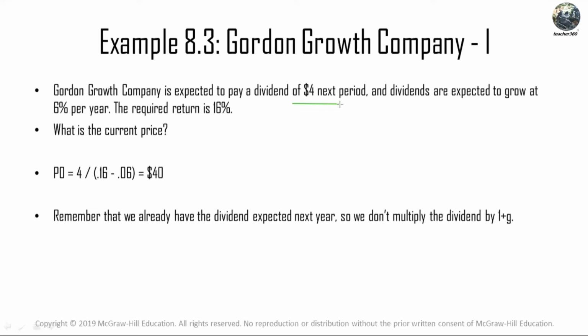So as in the previous example, we should not write D0 (1 plus G). Here we can directly use 4 for D1, divided by the required return 16% minus growth rate 0.06. So it is $40. Remember that we already have the expected dividend for next year, so we don't multiply the dividend by 1 plus G.